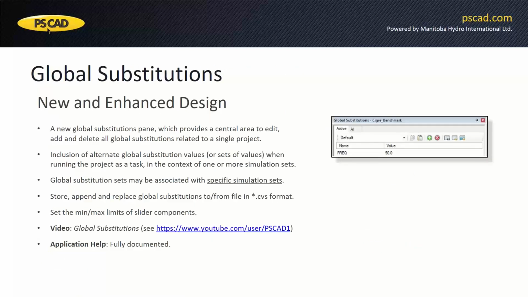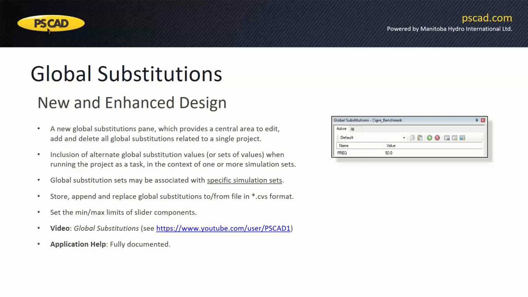Global substitutions have been completely redesigned. They now have their own pane. You can also create sets of global substitutions. So say, for instance, I had 10 substitutions defined for a particular project. I can create sets of those substitutions with different values in each set.